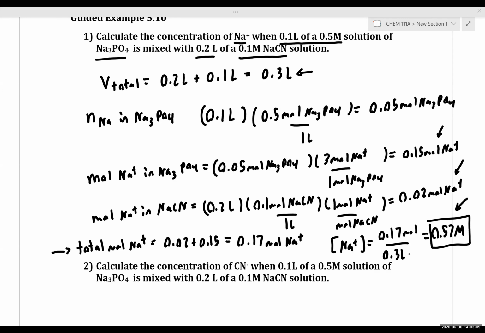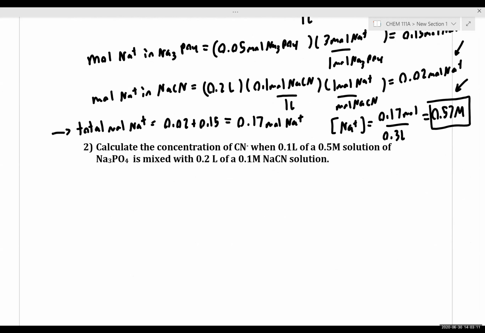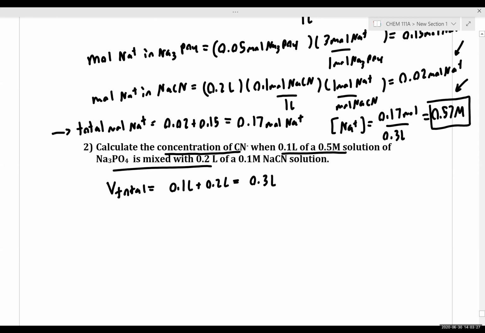So let's show another example of the same problem where we're asked to calculate the concentration of cyanide when we mix these same solutions. So we know that our total volume is 0.1 liters plus 0.2 liters, which gives us 0.3 liters. The moles of cyanide, there's only one source of cyanide, which is our sodium cyanide.